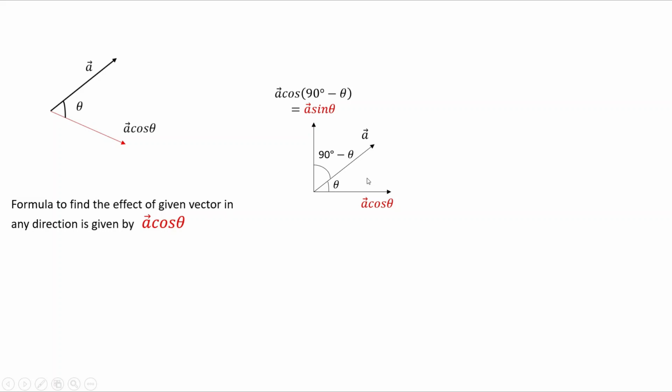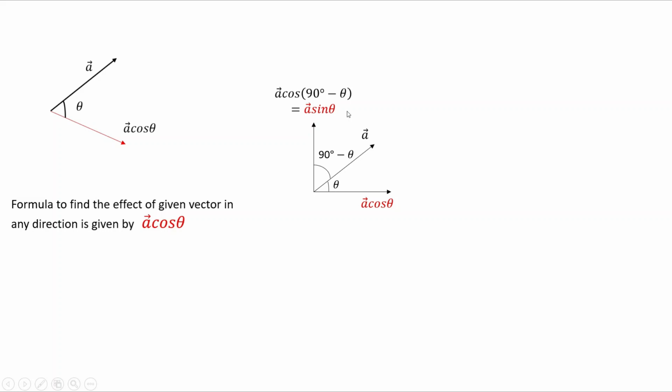Now by this formula we have the effect of this vector A along this direction given by A cos theta, and if this is theta, this will become 90 minus theta, and the effect of this vector A along the vertical direction is given by A cos of 90 minus theta. Now by the complementary angle definition, we have cos 90 minus theta equals sin theta, and finally for the vertical component we have A cos of 90 minus theta equals A sin theta.